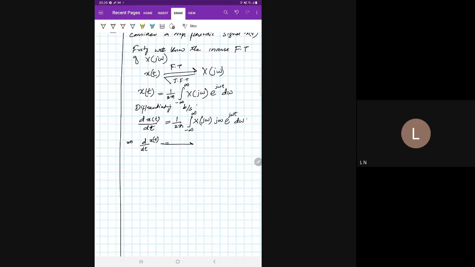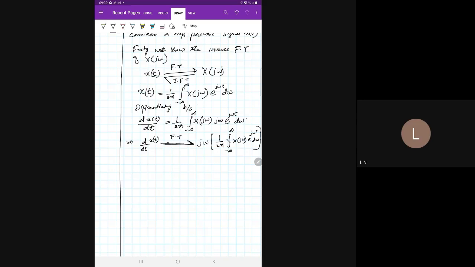j omega times 1 by 2 pi integration from minus infinity to plus infinity X of j omega e raised to power j omega t d omega.